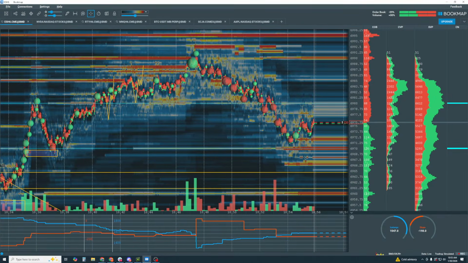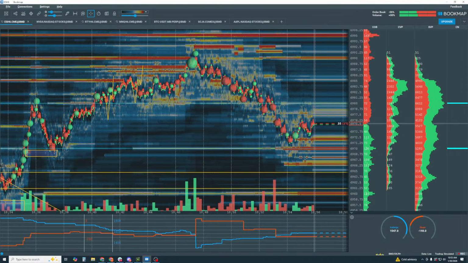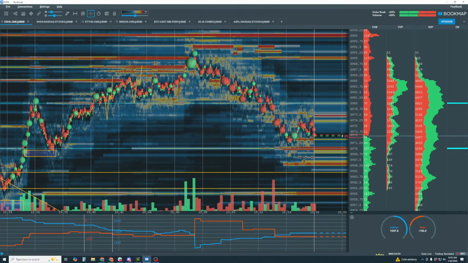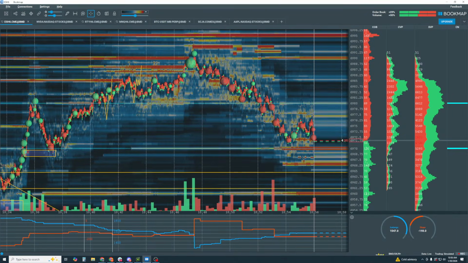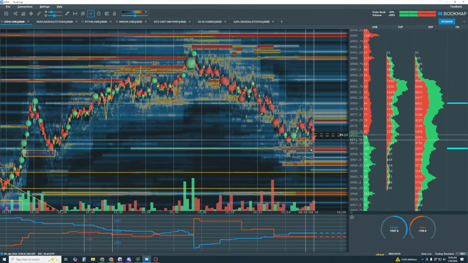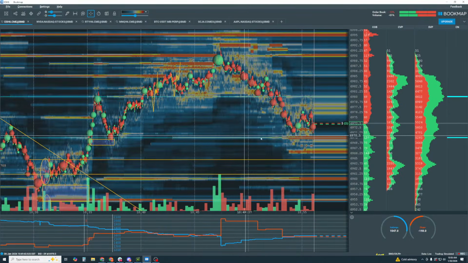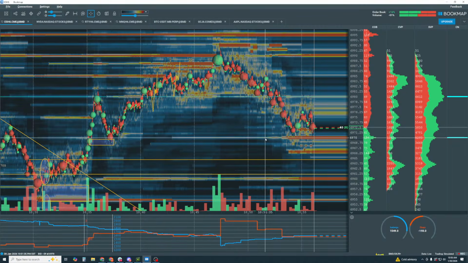So Laura and Nadia, you had questions on these key levels, or higher time frame key levels. I'm starting to address them through these intraday levels in here.